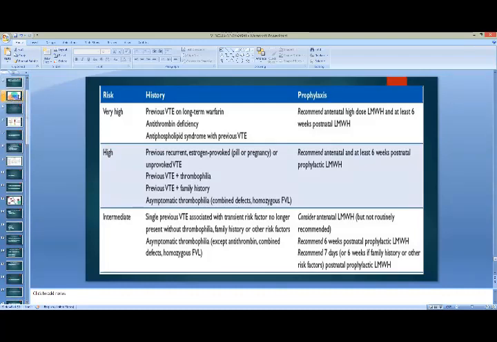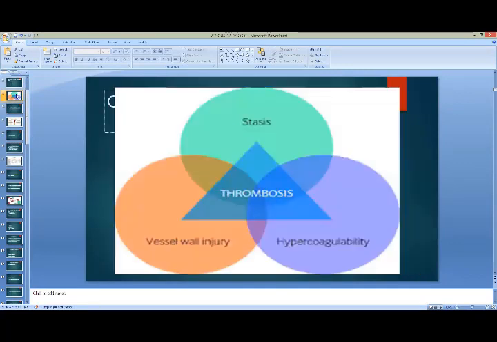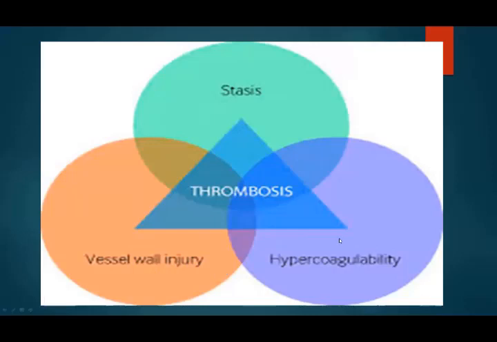Therefore, what I tried to put together in our lecture was that, keeping in view the risk factors of stasis, vessel wall injury, and hypercoagulability, all the factors leading to these conditions should be assessed stage by stage, thus to reduce the risk of this very serious condition.